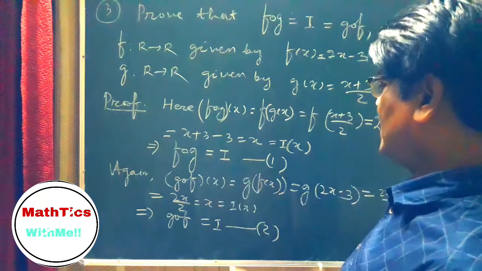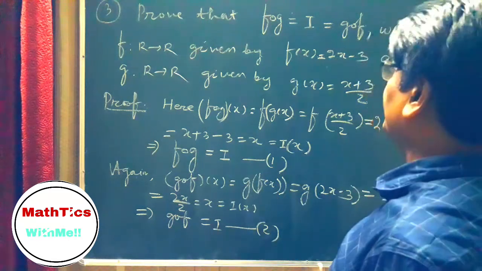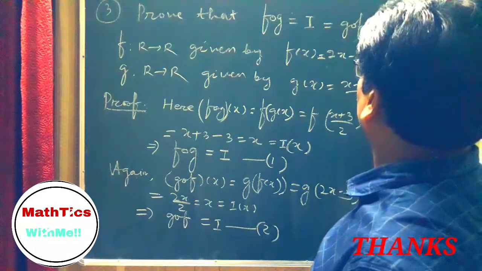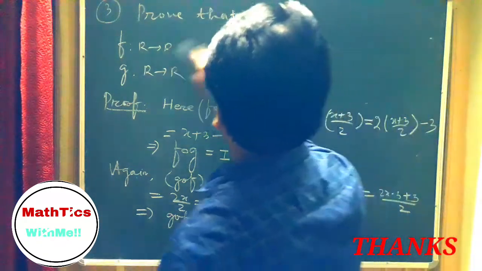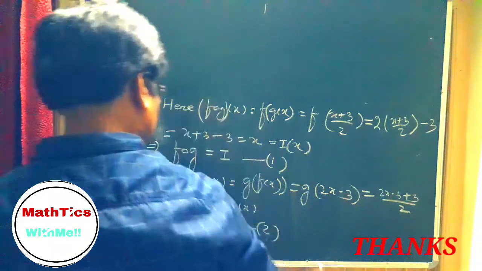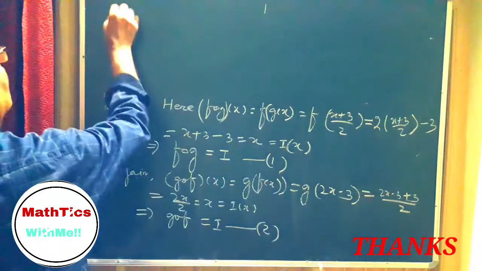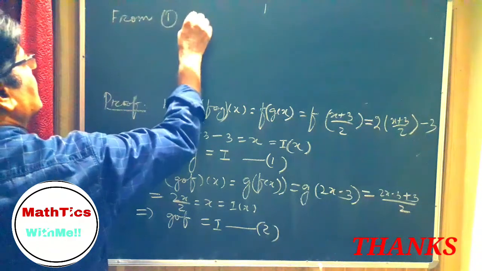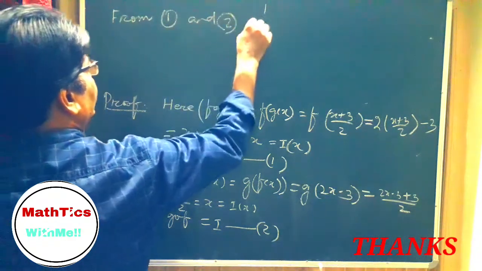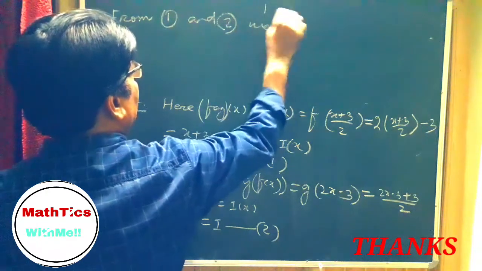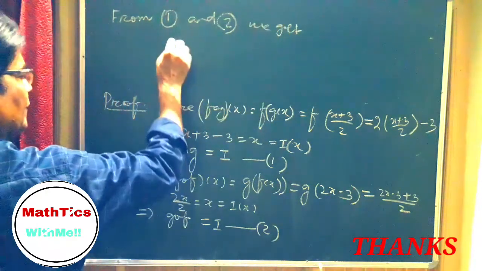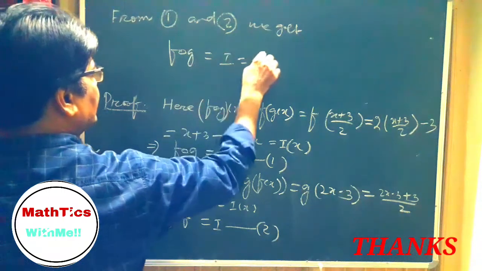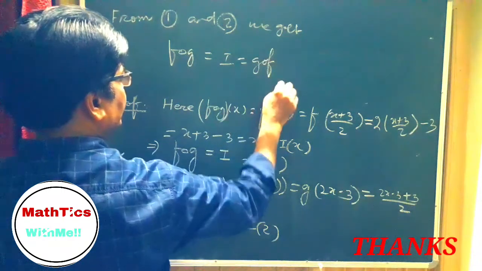So f o g is equal to I. Similarly, g o f is equal to I. Therefore, from equations 1 and 2, we get f o g is equal to I is equal to g o f.